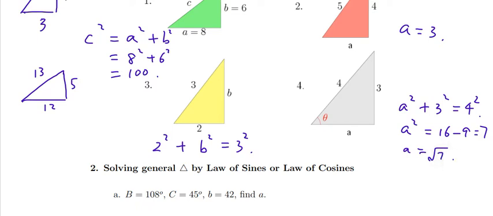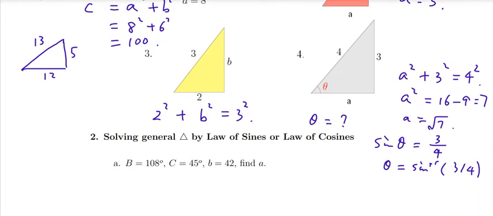Then find theta. If we have two sides, then we have a ratio. Like 3 over 4, this ratio is this angle's sine, right? So sine theta equals 3 over 4. Then to find theta, we use the sine minus 1 button, the inverse button, then 3 over 4.